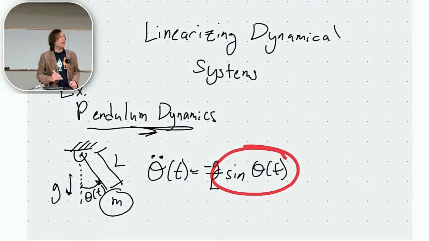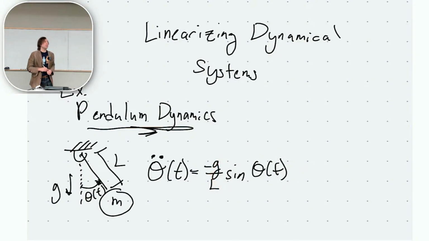Did it have the sine of theta by the time you were done with it? Does anyone remember that from class? No, it did not have a sine of theta. Why? What happened?